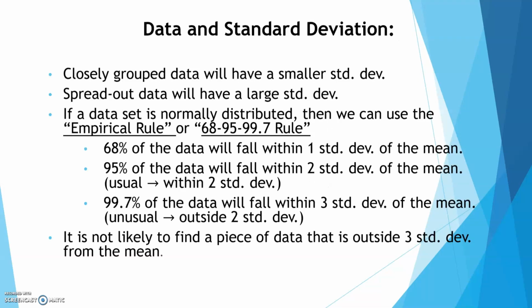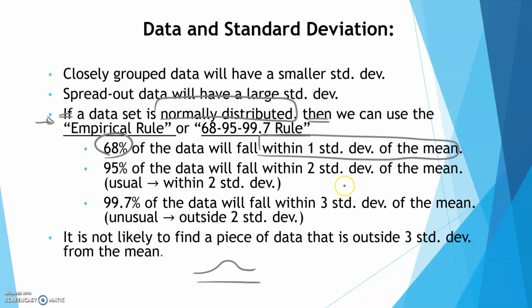Okay, something that is super important in this class is something called the empirical rule, or you could call it the 68-95-99.7 rule. I just stick with the empirical rule, shorter. Now the first thing that has got to happen is if the data set is normally distributed, remember that looks like this right here, it's a bell-shaped curve, then I can apply the empirical rule, which says that within one standard deviation of the mean, we are looking at 68% of the data.